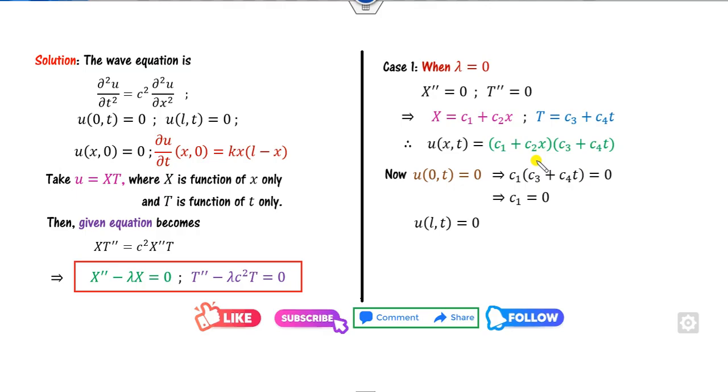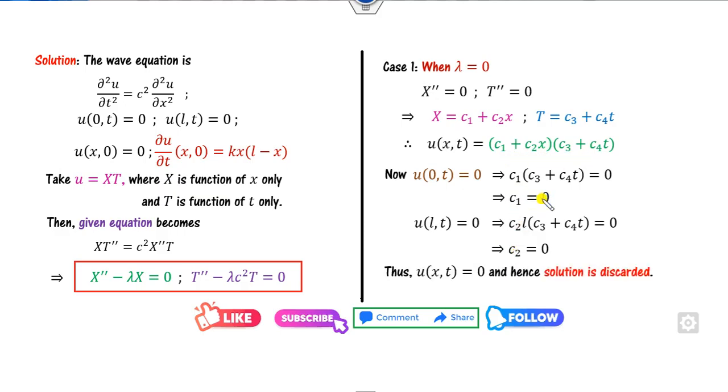Therefore c1 is 0. When you have L, since c1 is 0, it is c2 L times (c3 plus c4 t). Again this number can never be 0, therefore c2 is 0. Substitute both the values of c1 and c2, and you get a trivial solution, hence this solution is discarded.